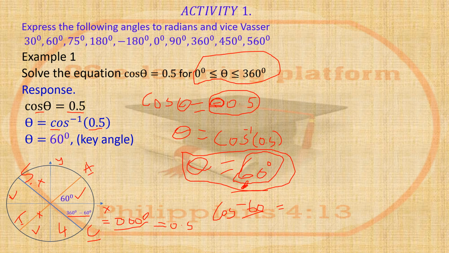But when you just press cos of 60, the answer will be a positive 0.5. That's why I'm not considering this 60 as the key angle for the case when the range does not include negative angles.